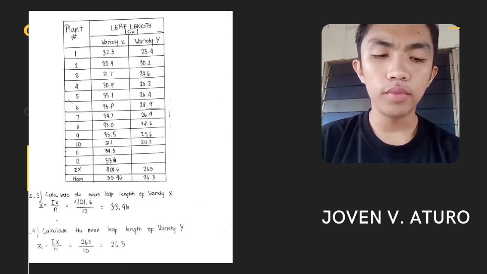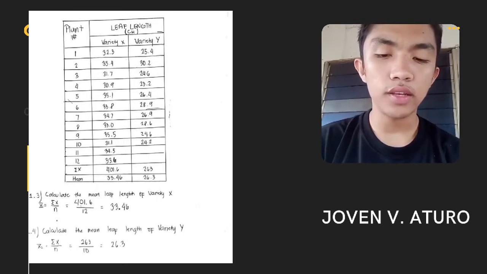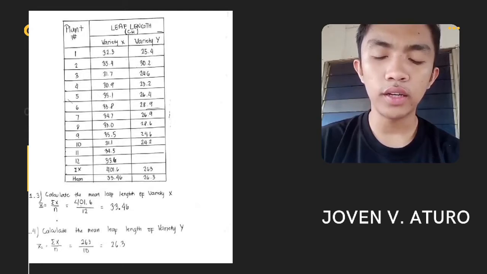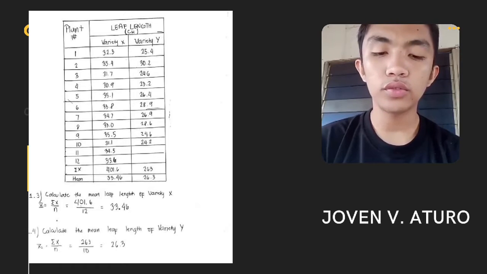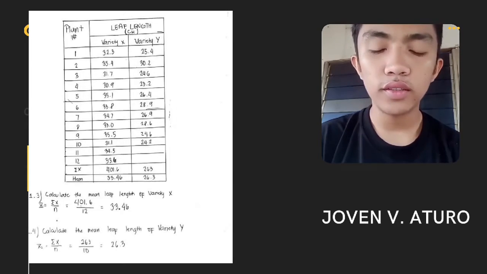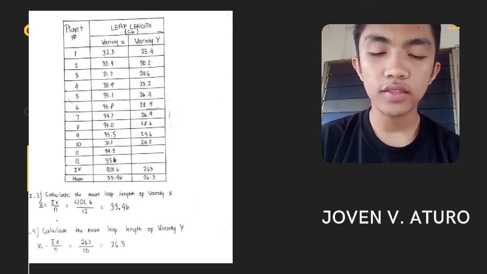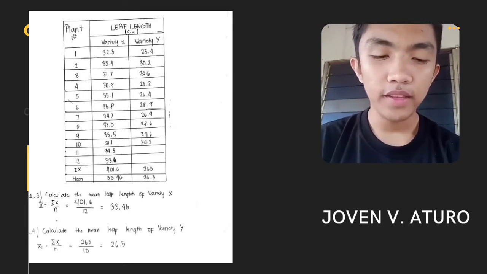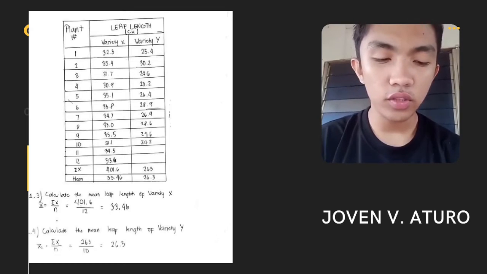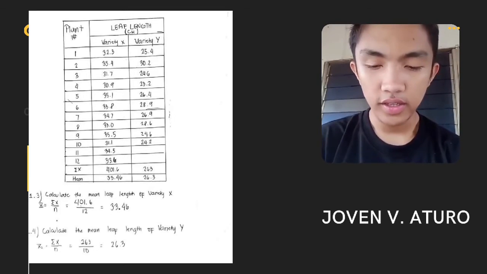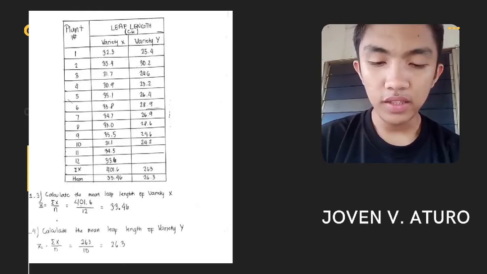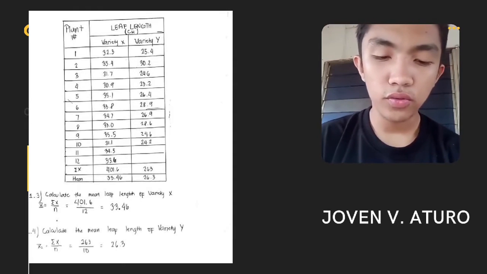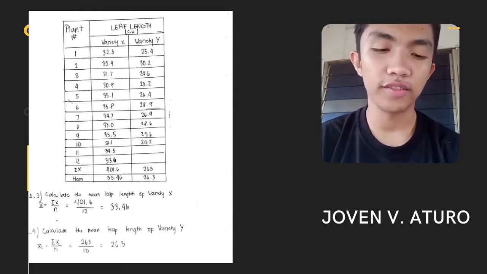So 263 is the total of variety y, and the sample size is 10. The mean is equal to 263 over 10, and the result is 26.3. So the mean is 26.3.